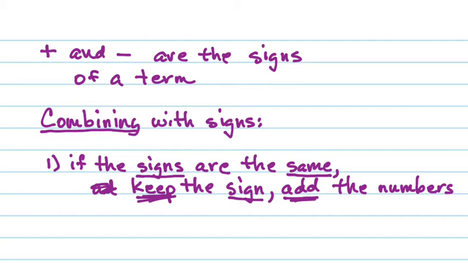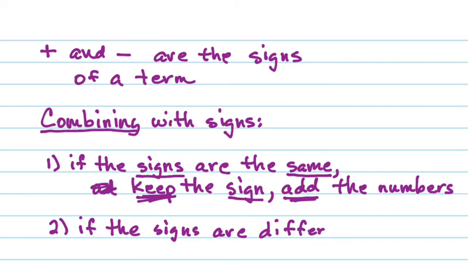Okay? All right. Now, the other rule is just the opposite. If the signs are different, meaning that one of them is negative and one of them is positive, right? And it matters which one, so pay close attention to which one's which. We're still going to keep the sign, but does anybody remember which sign we keep?